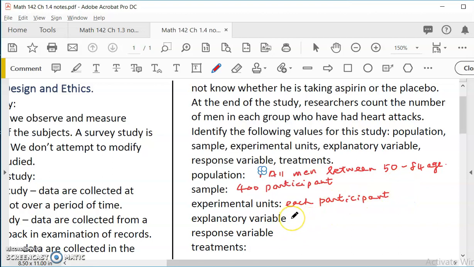Explanatory variable: they are trying to see how taking aspirin will affect heart attack. So the one that is causing it is taking aspirin or placebo.